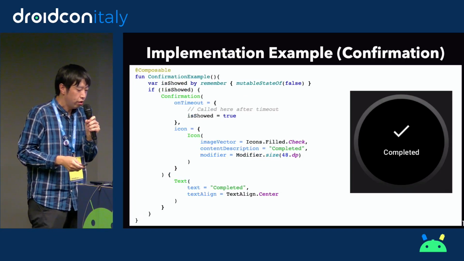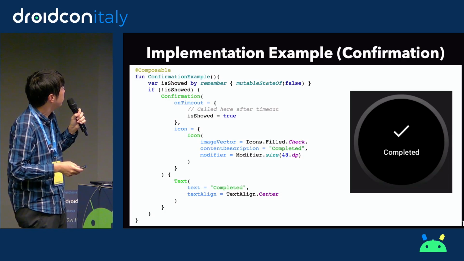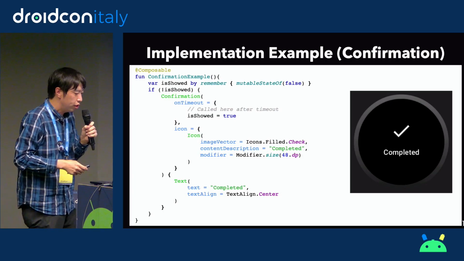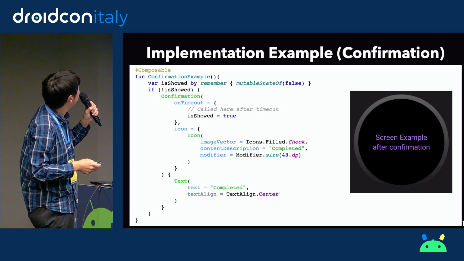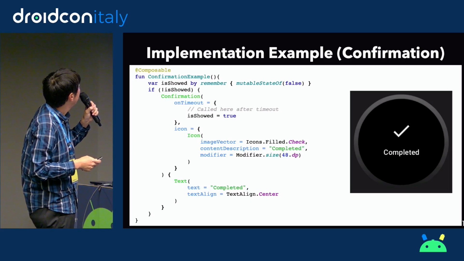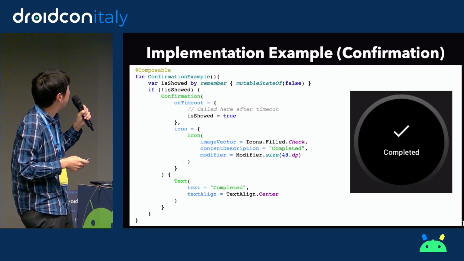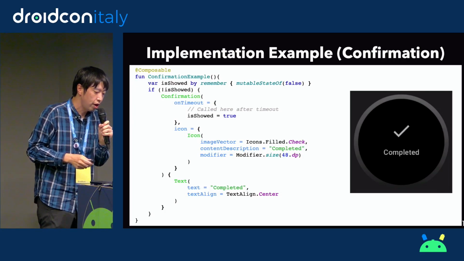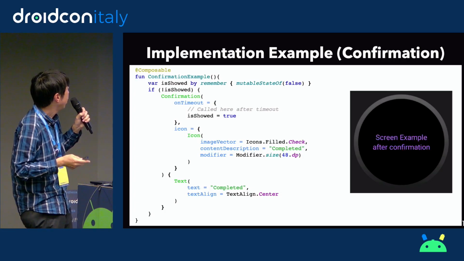Okay, next, it's a very useful library for showing a confirmation. This is a confirmation example. I'm explaining that. First line, composable annotation, and third line, it's defining a variable, showed. It means whether we have shown it or not.